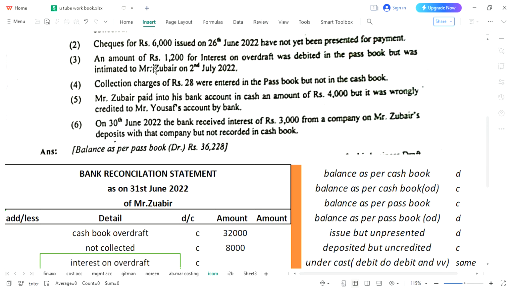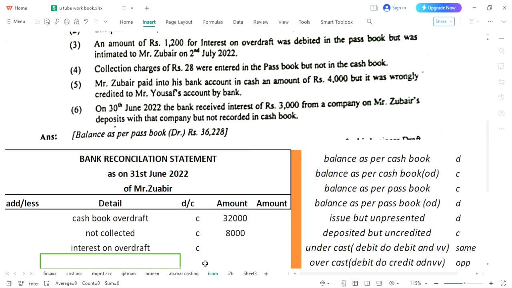And you can see another helping line: debited in passbook. Whatever would be in the passbook, we write exactly the opposite over here. When there was a debit in the passbook, we will write credit. So in the second way, we have decided it should be credited. And the amount for interest is 1,200. Just mention it.